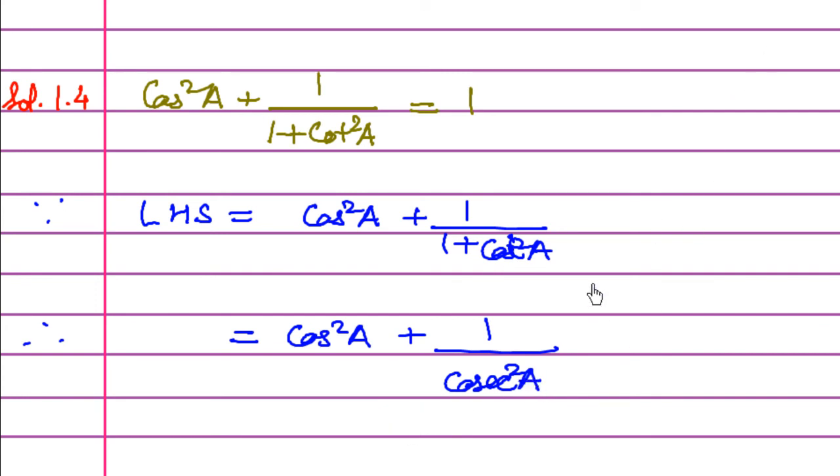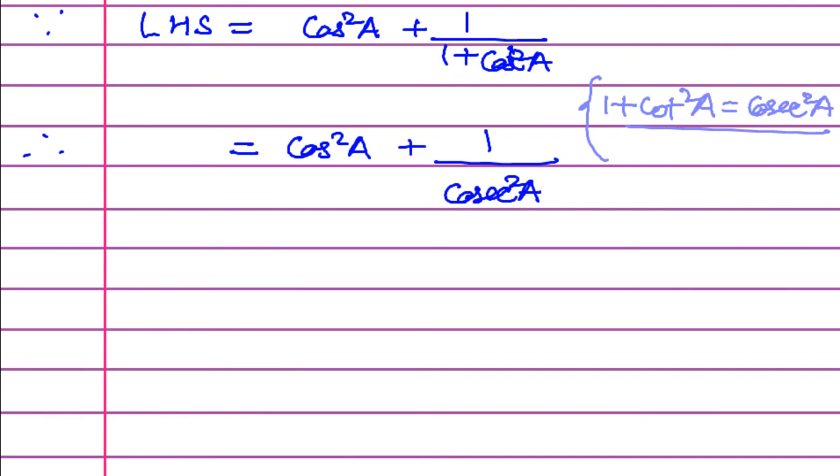We know this identity: 1 plus cot square A is equal to cosec square A. This is the basic identity we are using here. Instead of 1 plus cot square A, we are putting cosec square A.